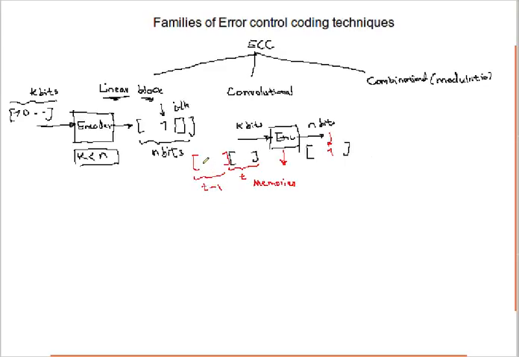What you obtain at this time is not just a linear combination of these bits, but also the effect of the data from the previous window, or vector, of k bits.